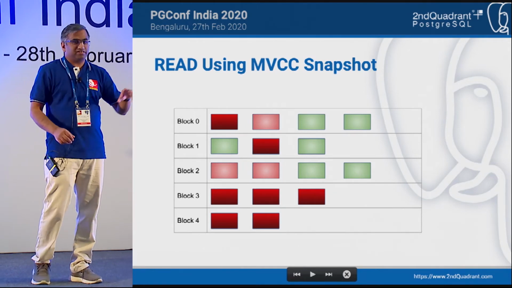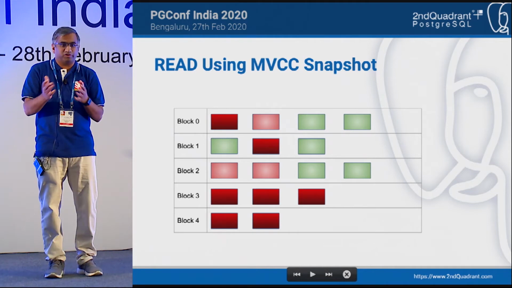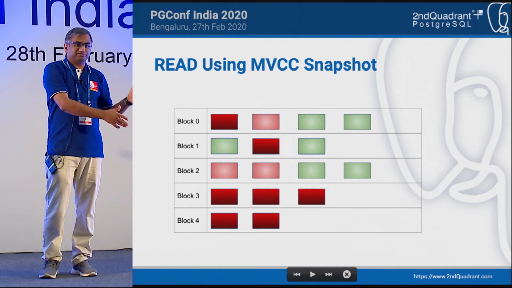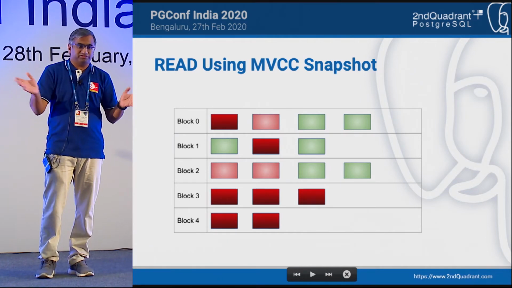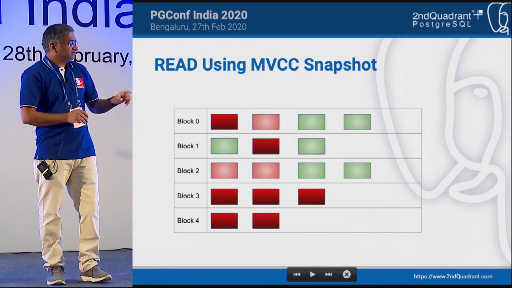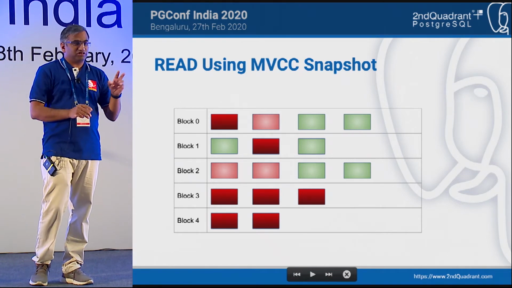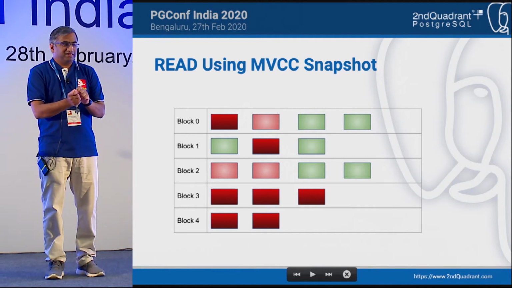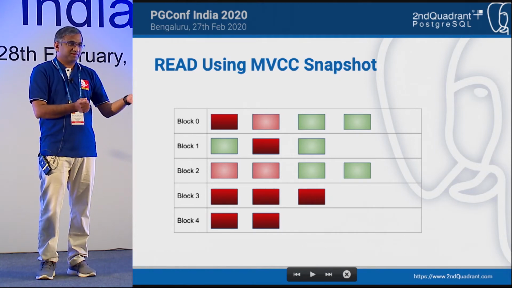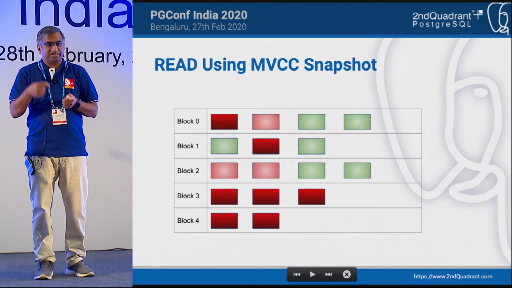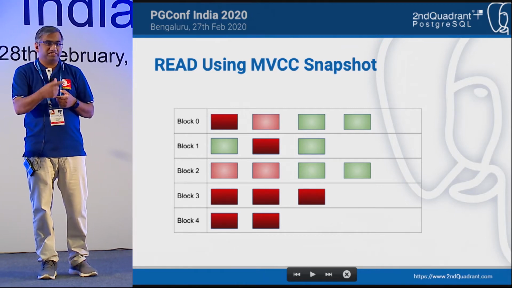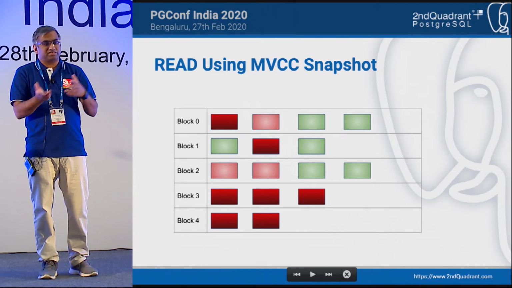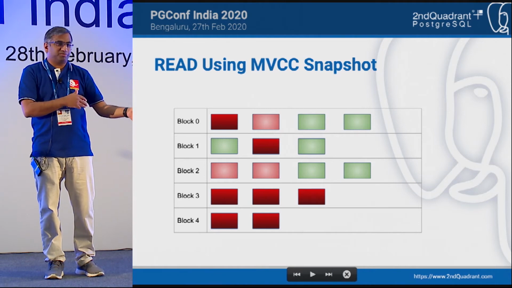The green boxes, on the other hand, are the rows which should be visible to everyone. I mean, they were inserted long back, say, and everyone should be able to see them. The light red boxes are sort of a border case. In a sense, they were deleted, but there might still be queries running in your database which are able to see them, because those queries were started before the actual delete operation took place.